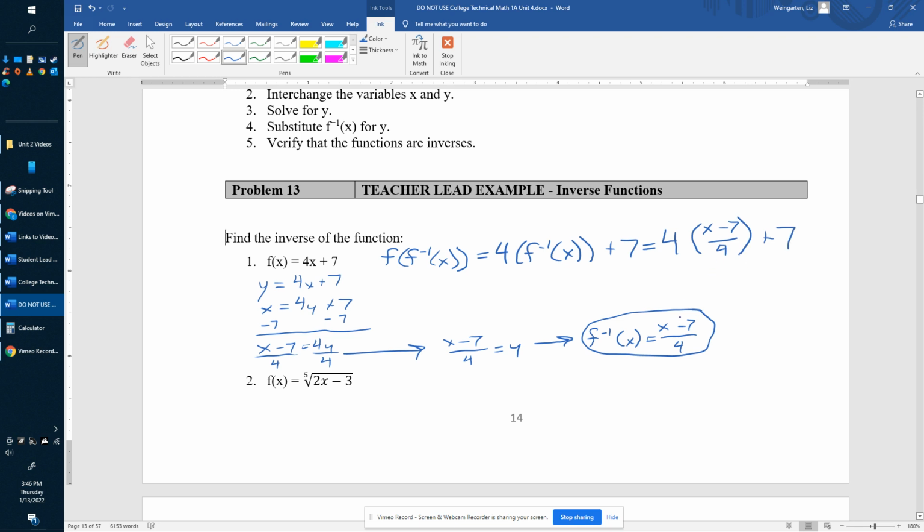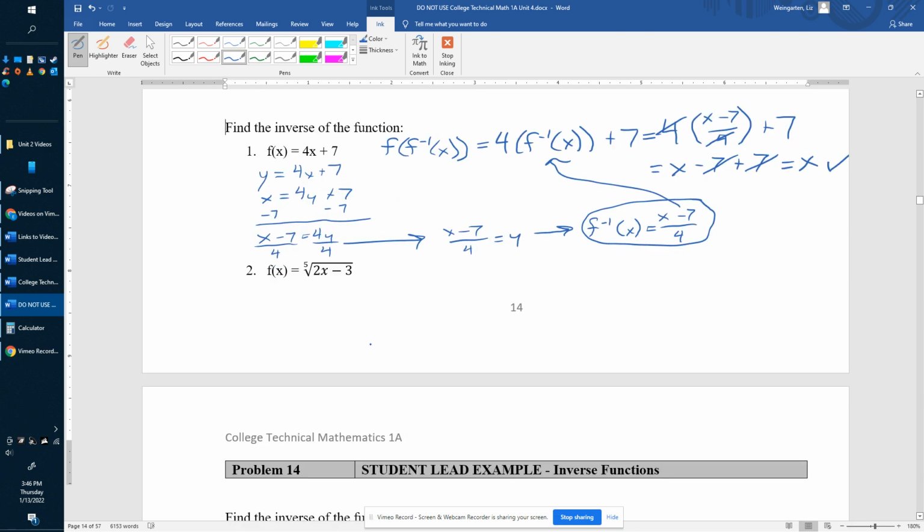See, I just plugged this in right there. Now we'll simplify. 4 times 1 over 4, those are going to cancel out. So we're going to get x minus 7 plus 7. These cancel out, and we get x. That's exactly what we wanted. So this is truly the inverse function. We did it correctly.